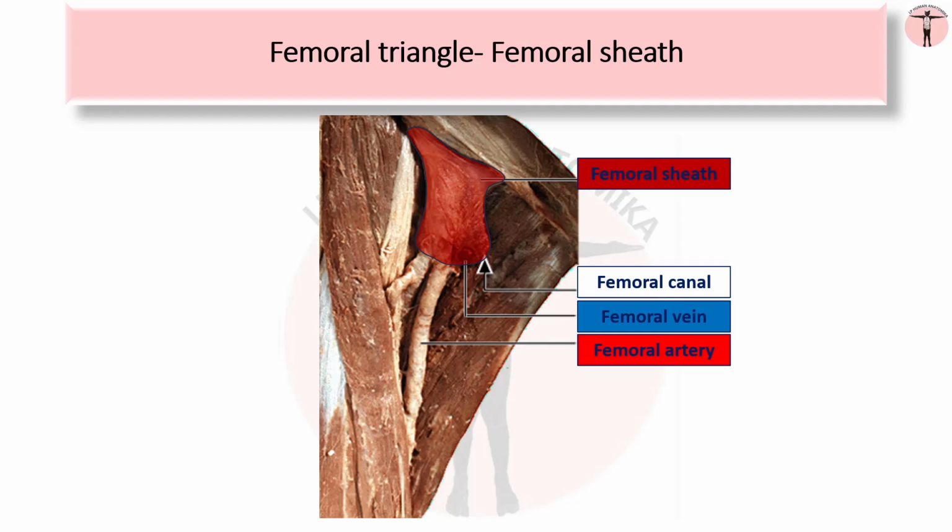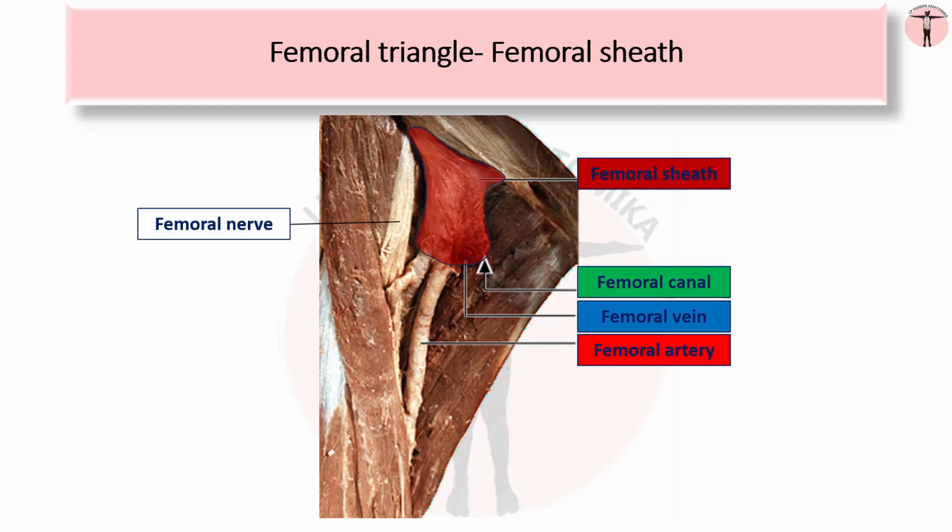You can observe the femoral nerve is outside the femoral sheath and is not included in it. The medialmost part of the sheath encloses a canal called the femoral canal.